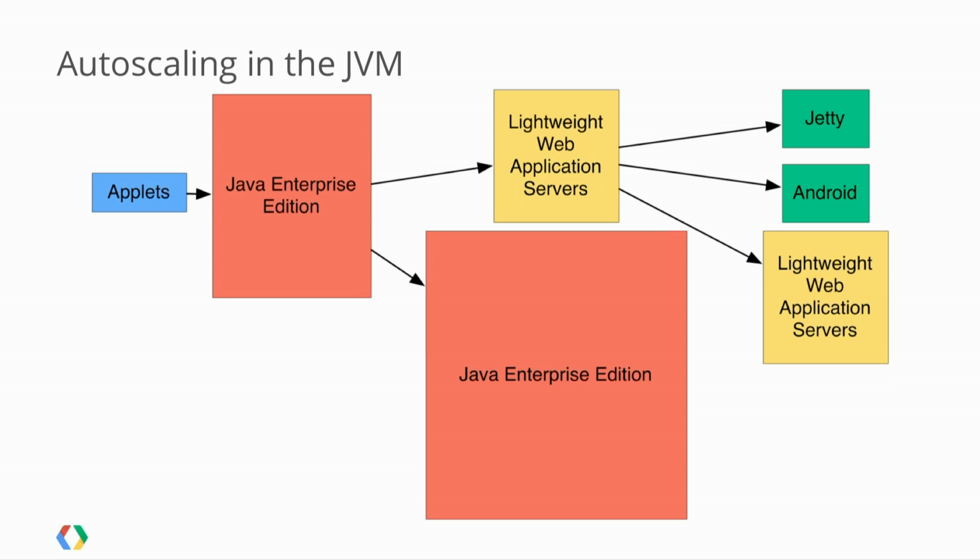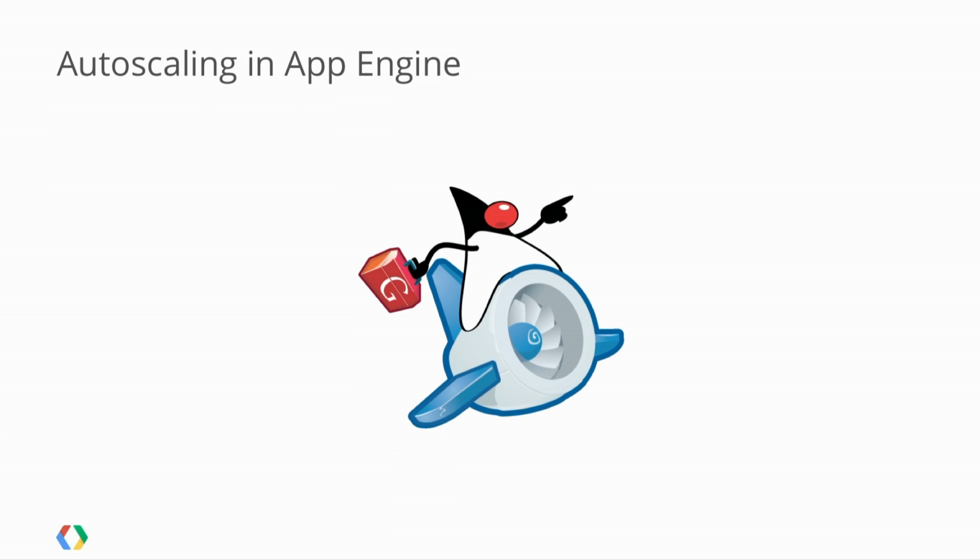Because your mobile phones today are massively more powerful than, say, a Google Compute Engine micro instance or an App Engine F1 or even an F2 instance. And again, Spring and JBoss and such are still very widely used, and they're very, very effective on larger pieces of hardware. So what does this mean for App Engine?